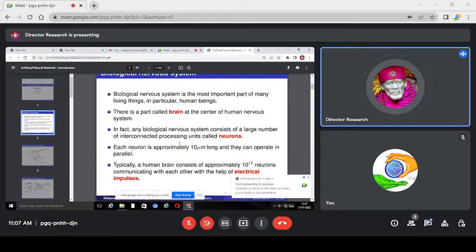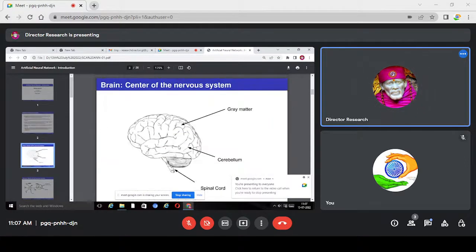Each neuron is approximately 10 micrometers long and they can operate in parallel. The next point, typically the human brain consists of approximately 10 power 11 neurons communicating with each other with the help of electrical impulses. So brain, center of nervous system, gray matter, cerebellum and spinal cord.